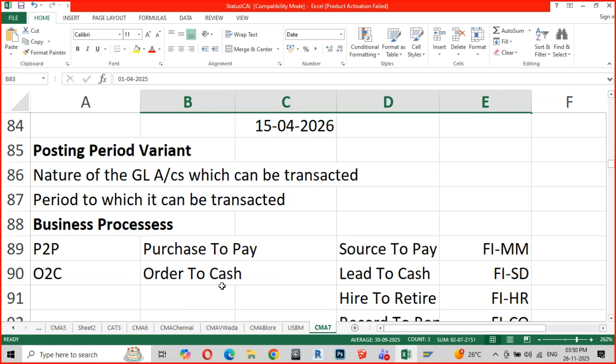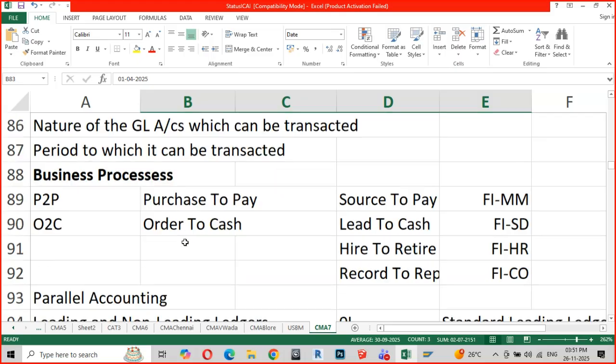If you ask my personal definition, I would say this is nothing but an extension of the fiscal year variant, which allows me to control the nature of the general ledger accounts for which I can post or transact, and also the period for which I can carry out the transaction. So these two are possible through the posting period variant.